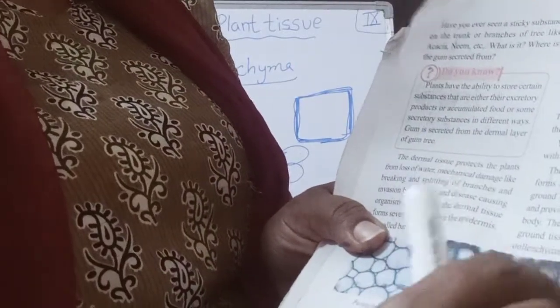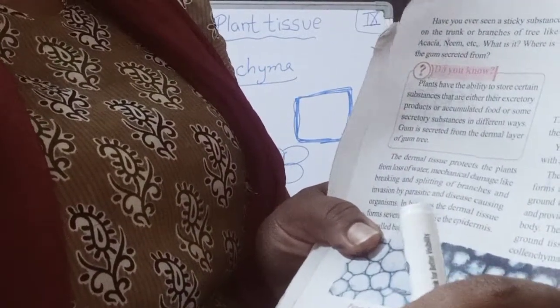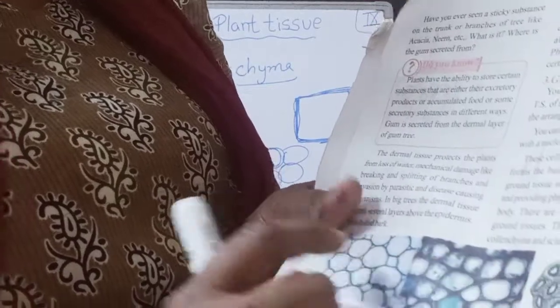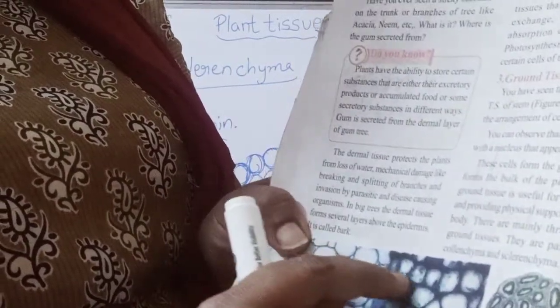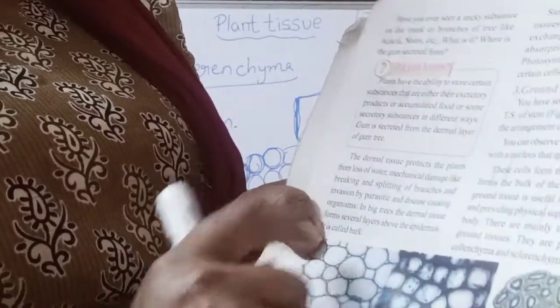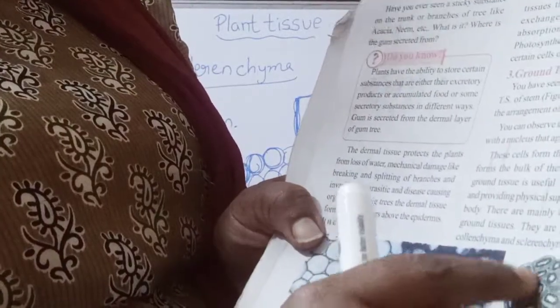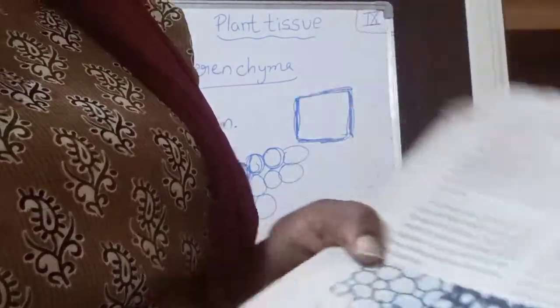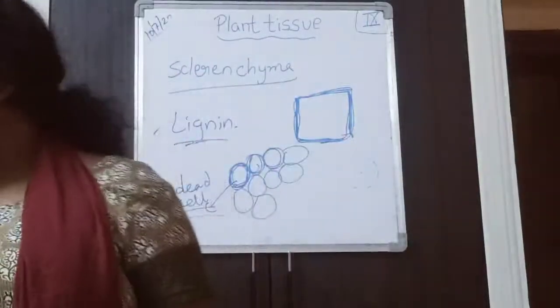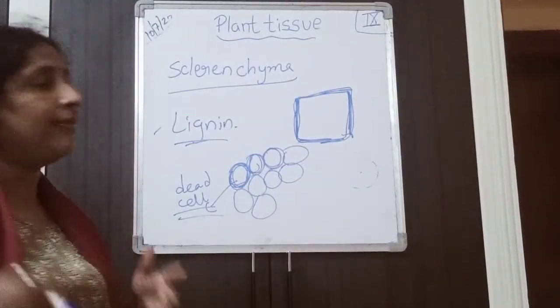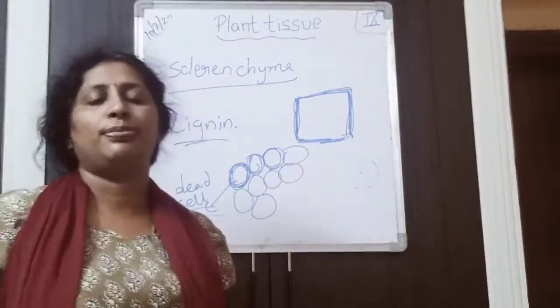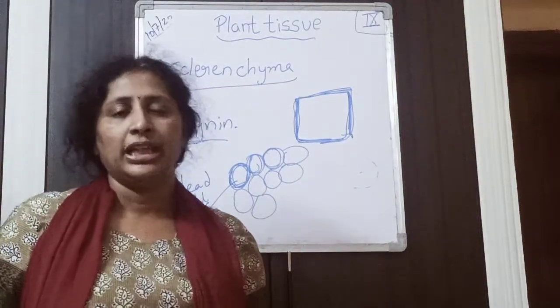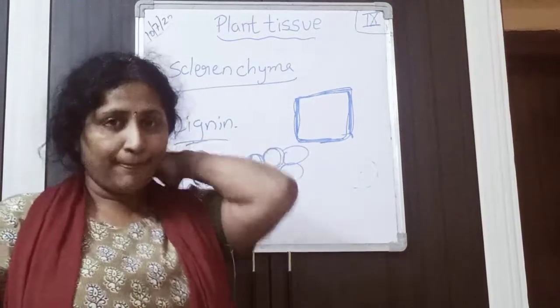They are dead, and their cell wall is very thick. There are some intercellular spaces in between the parenchyma and collenchyma, but here they are compactly arranged without any intercellular spaces. That's why the main function of sclerenchyma is to provide mechanical strength to the plant.